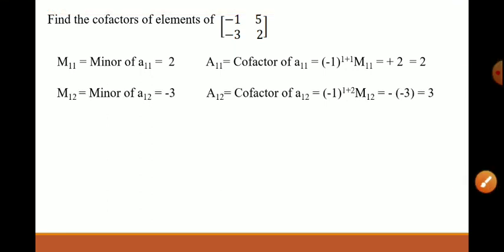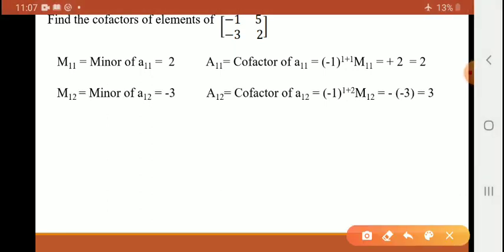Now second, M12, first row, second element. Delete its row and column, so the minor is minus 3. Cofactor of A12 is minus 1 raised to 1 plus 2 into M12.